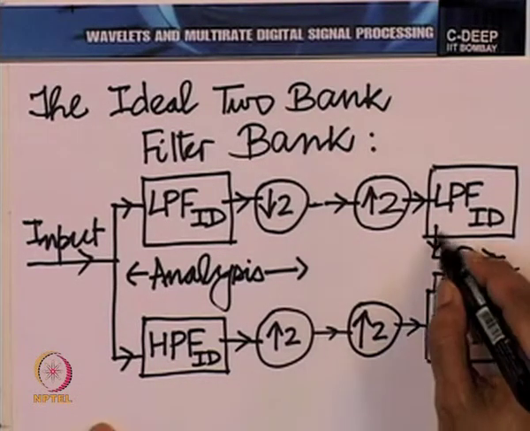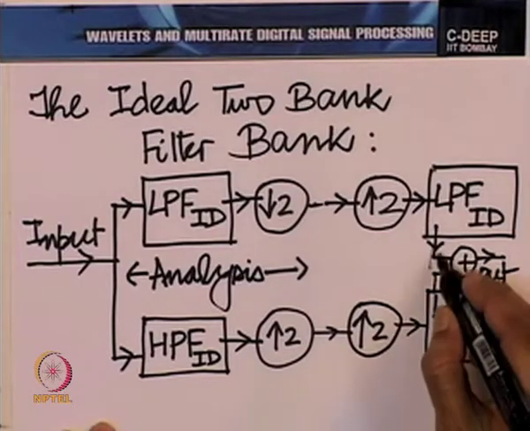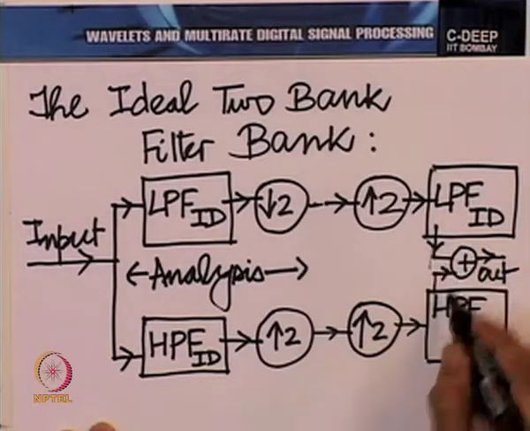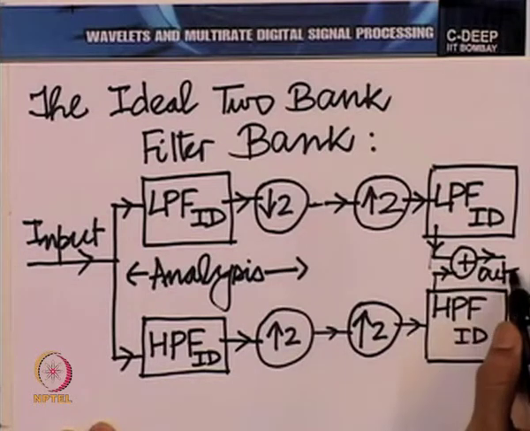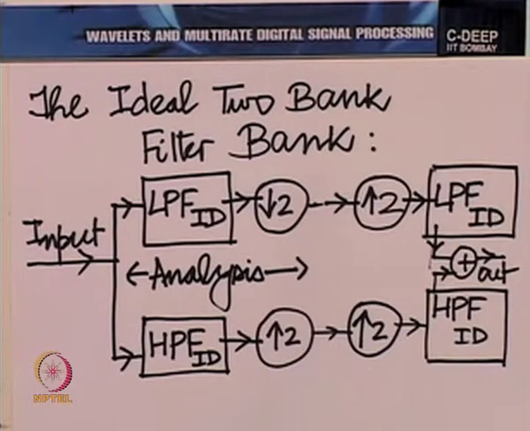So, here I have just marked the outputs to fit into the drawing. The output from this and the output from this are added together and produce the overall output. This is the ideal 2 band filter bank.